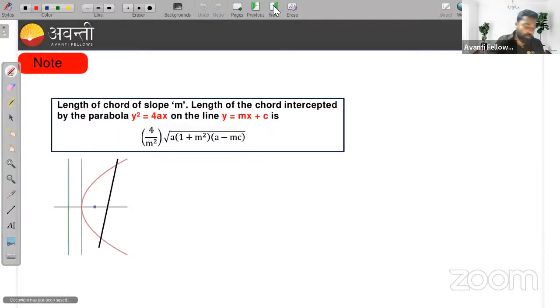Sure, let's move. Now, you have a note for you. If you do a very small exercise, then you can also find the length of the chord of slope m.